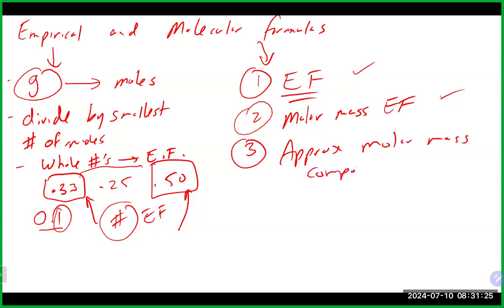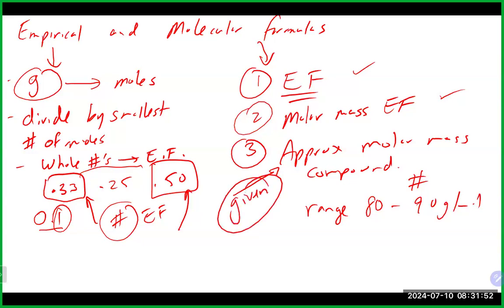And this oftentimes is given to you in two different ways. A lot of times it will just be a number, like it is approximately this much molar mass. As I mentioned before, you could also get a range of numbers, like it's between 80 and 90 grams per mole, something like that. Regardless of which one it is, in most textbook problems, this is usually given to you.